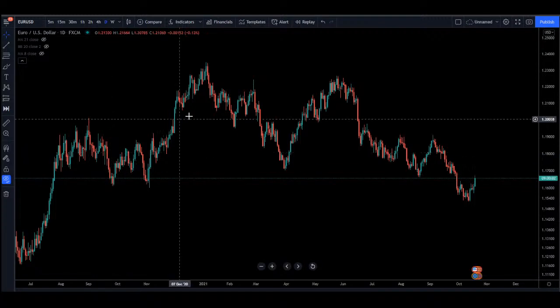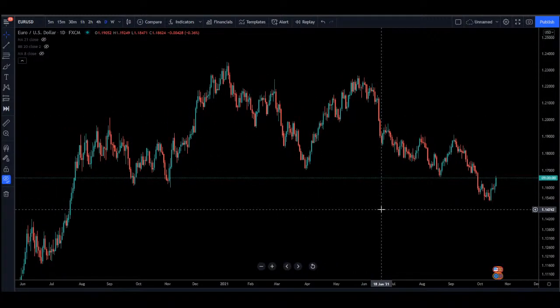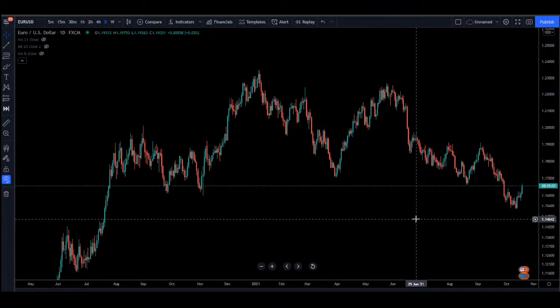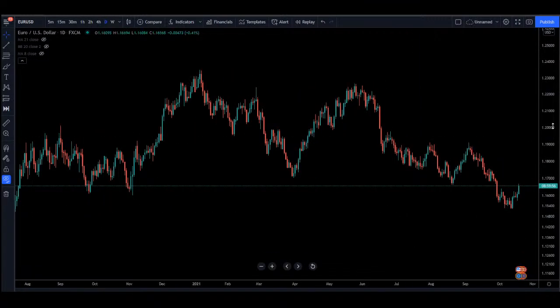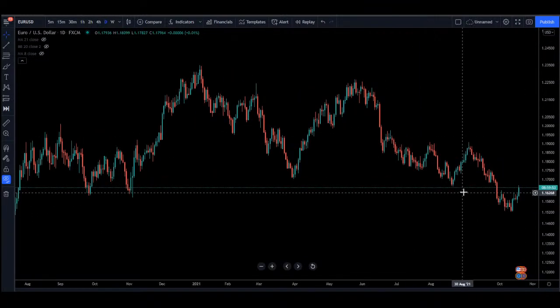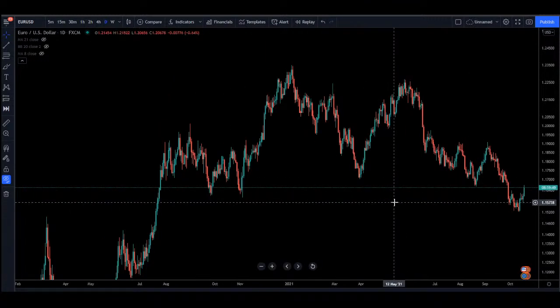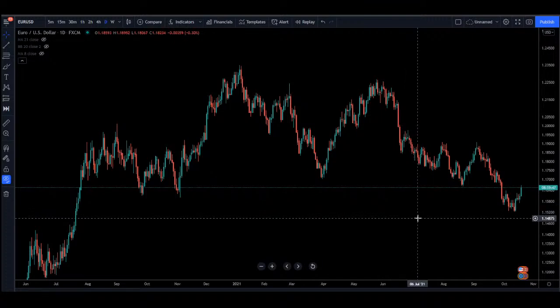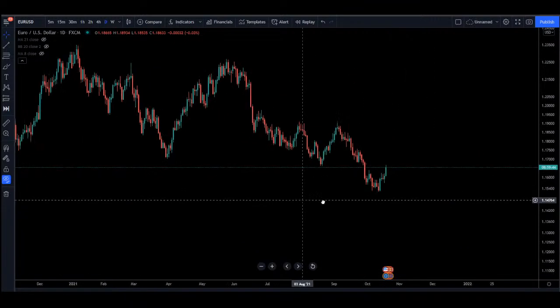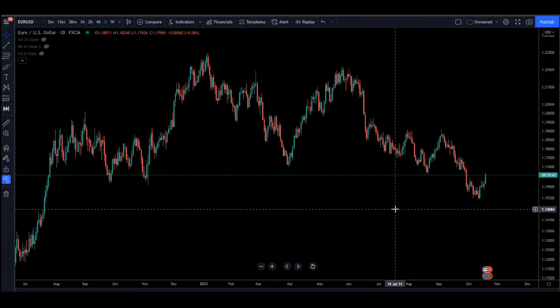So what we're looking at right now is the movement of the Euro USD without manipulation. That's why many people love trading the daily time frame, because it doesn't have any type of manipulation from the market.